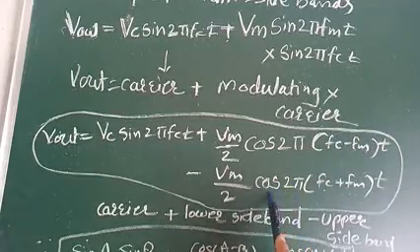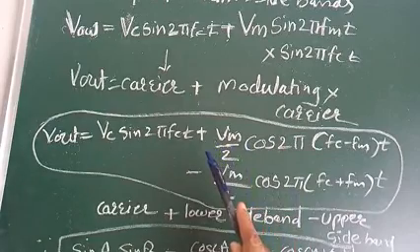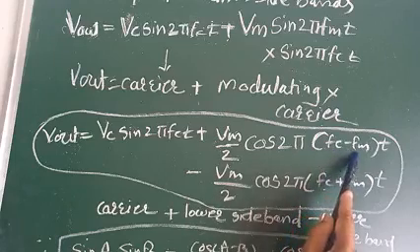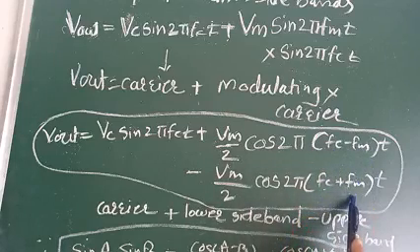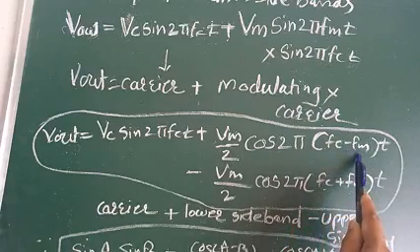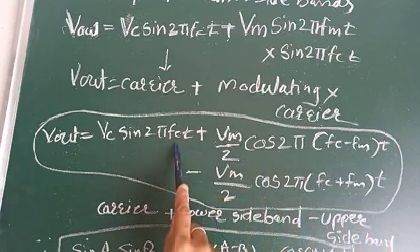That means the amplitude modulated wave consists of three frequencies: fc, fc minus fm, and fc plus fm. That is the carrier frequency, carrier minus modulating frequency, and carrier plus modulating frequency.